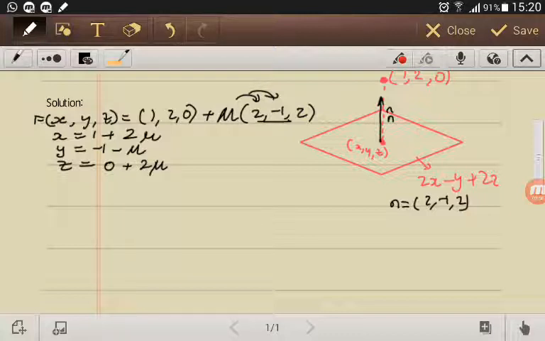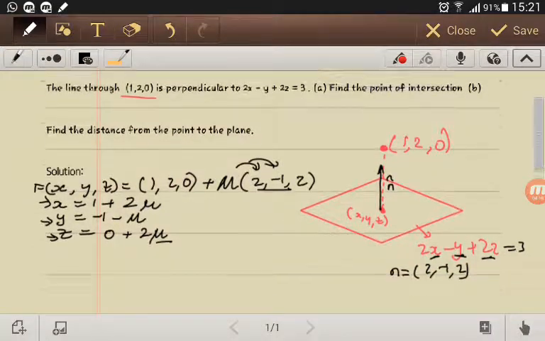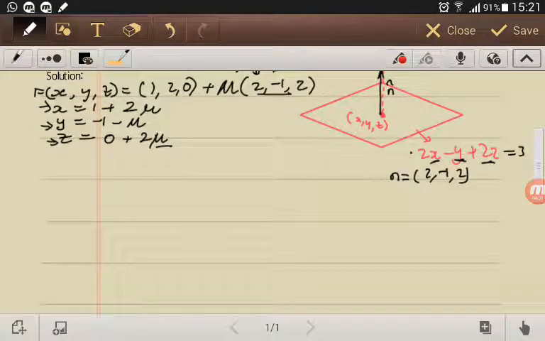So what I'm going to do is substitute these values into the plane equation, and from there I find the value of mu. If we know the value of mu, we can simply substitute it back here to get the value of x, the value of y, and the value of z. This is very simple. Using the equation of the plane, we say 2 times x, which is 1 plus 2 mu. Then minus y, which is minus 2 minus mu.